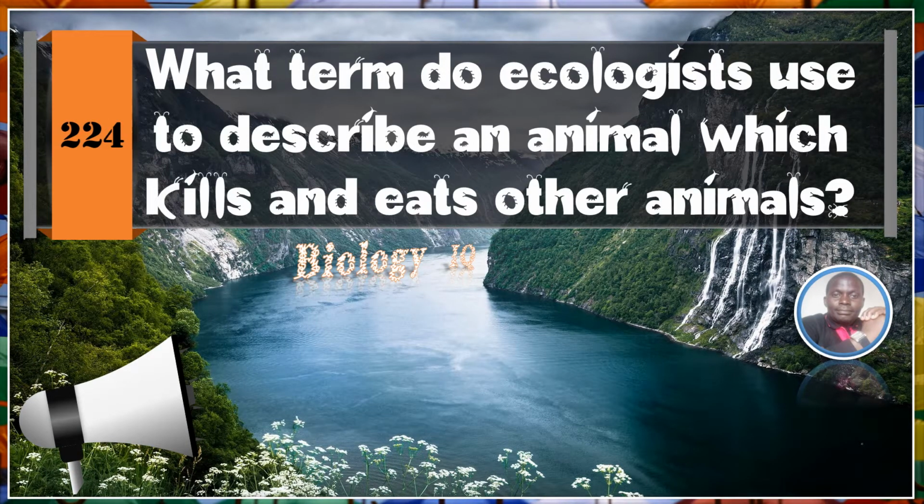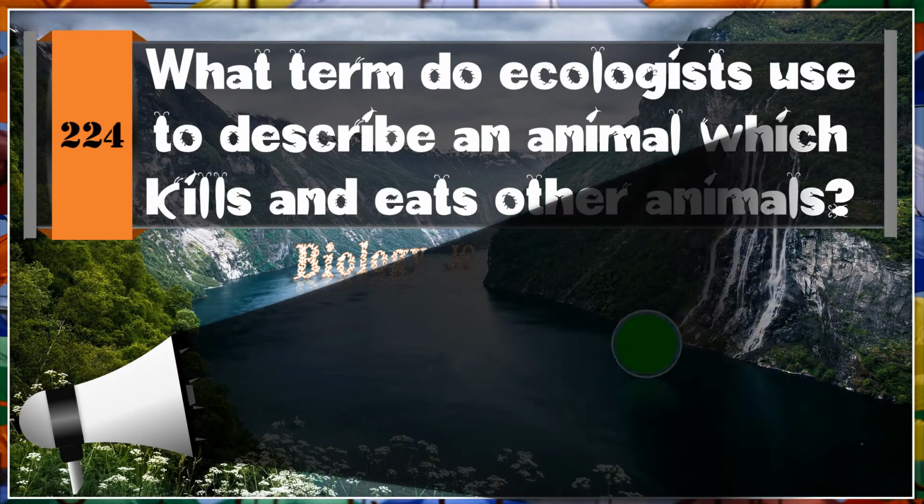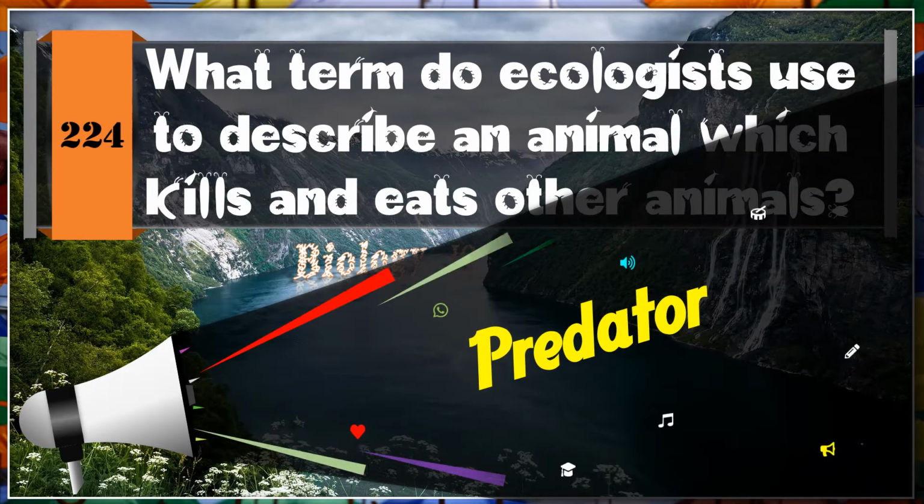What term do ecologists use to describe an animal which kills and eats other animals? Predator.